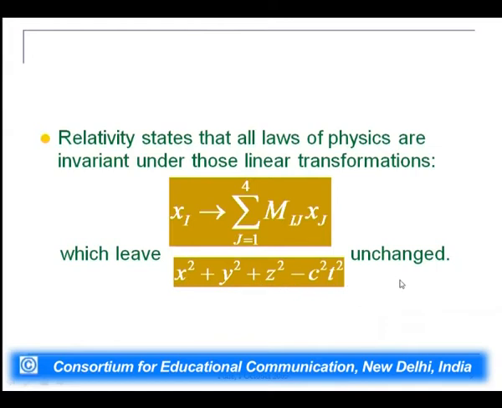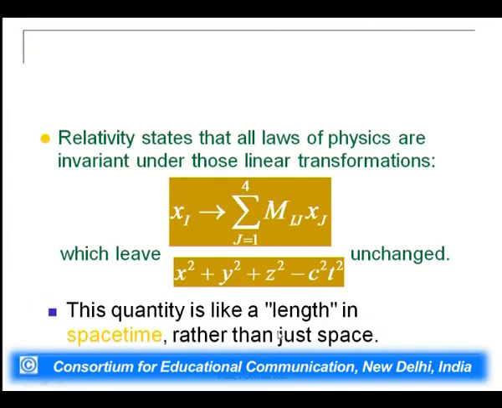It will be the same in all frames. This quantity is like a length in space-time rather than just space. We are not considering only the x, y, z coordinates, but we have to take the time coordinate also to define any body, and it will be unchanged.